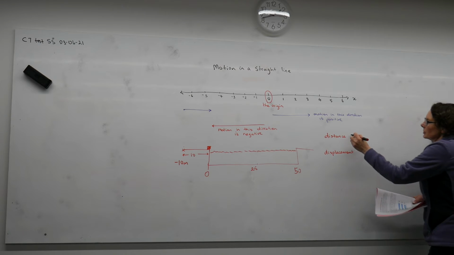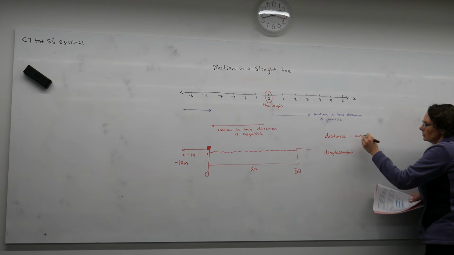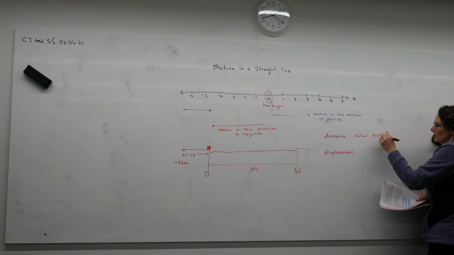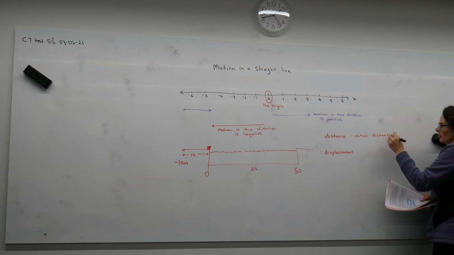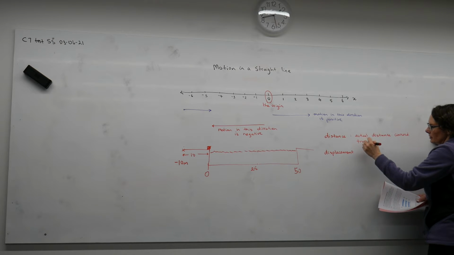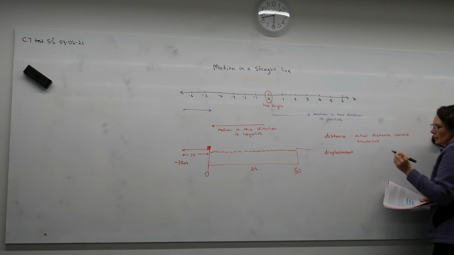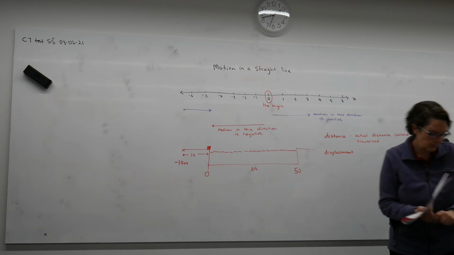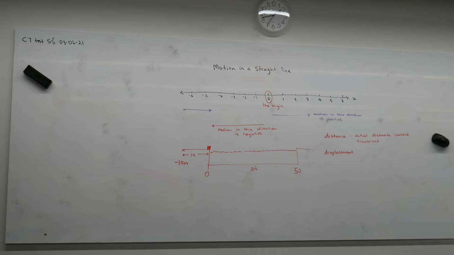Now the distance, this is the actual distance covered, traversed. Okay, so that's, if she swam, put this on here in a different colour.